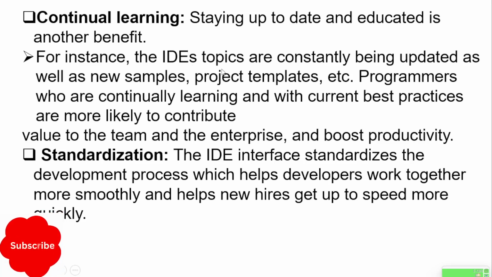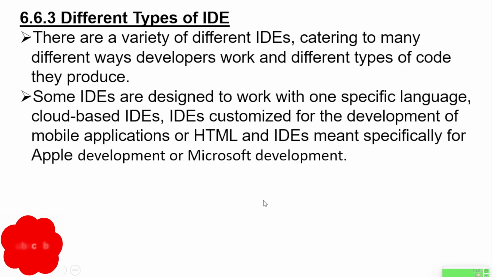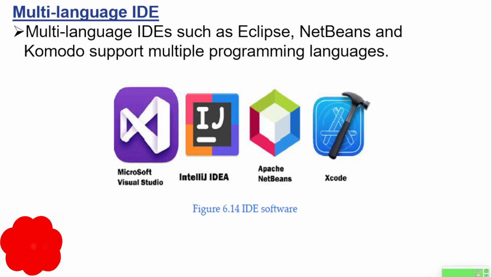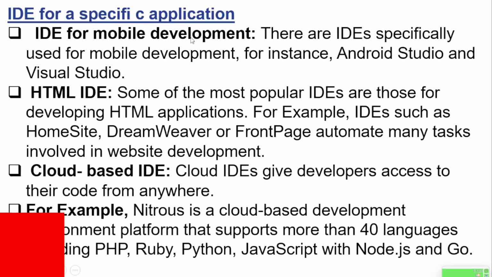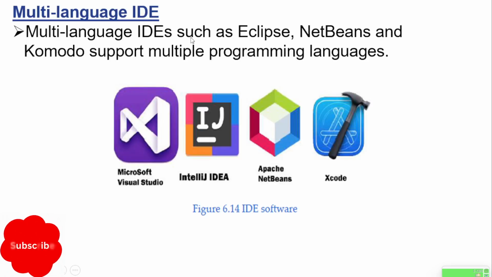Continual learning, staying up to date and dedicated, is another benefit. So with continual learning, we can always update and standardize. What are the different types of IDEs nowadays? They are found as multi-language IDEs, and we have specific IDEs. In a specific IDE, we can prepare different types of applications.